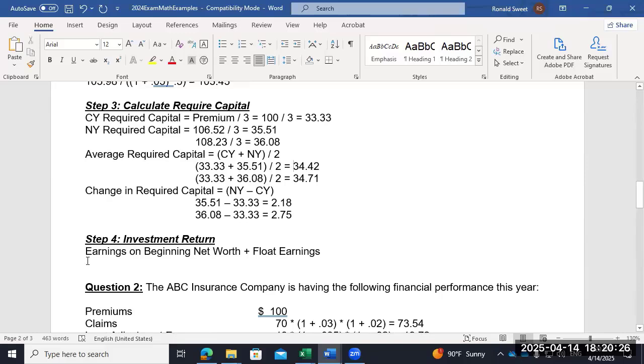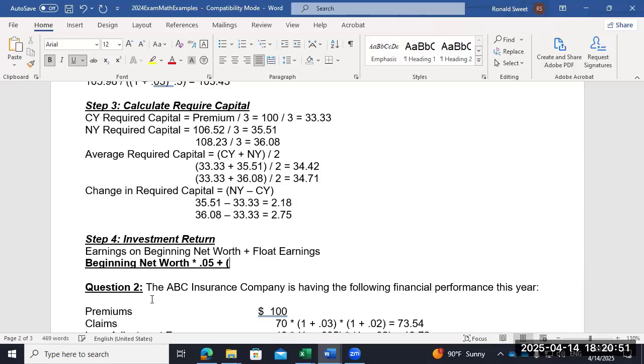So then the investment earnings, remember, your investment earnings are the same no matter what the premium is. So that doesn't bother you. We're not doing any investment earnings on that underwriting gain. So you got the beginning net worth times our investment rate, which is 5%, plus the float.